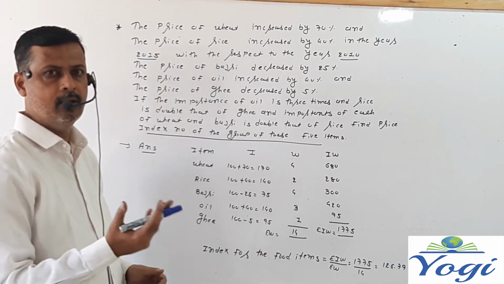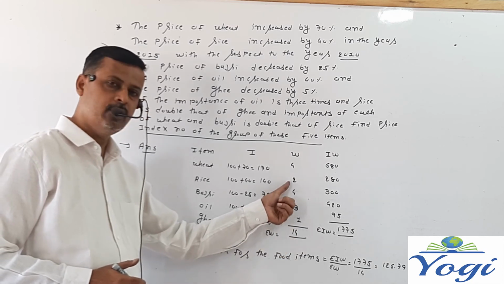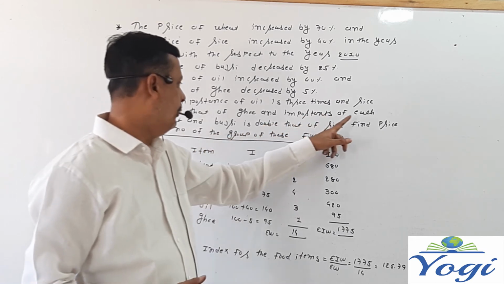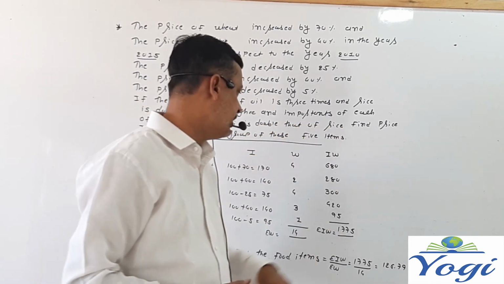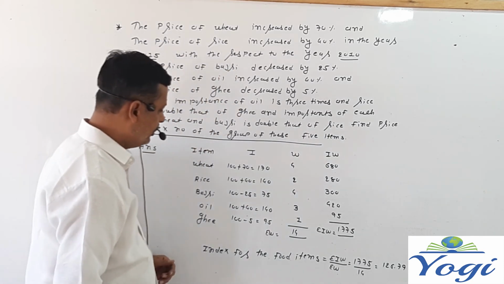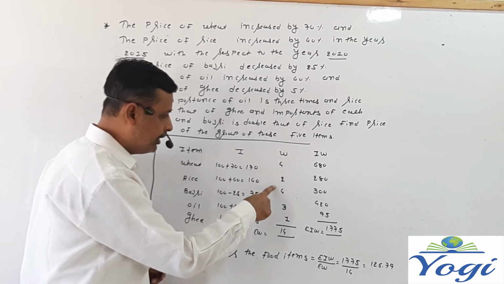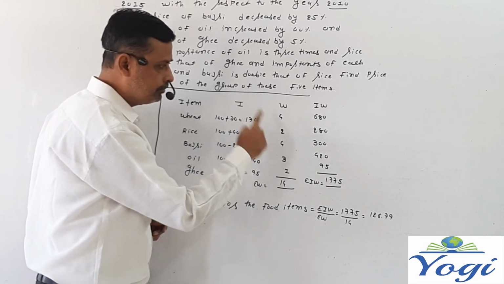Rice is double that of ghee, so 2. Then importance of wheat and bajri is double that of rice, so 2 double means 4.